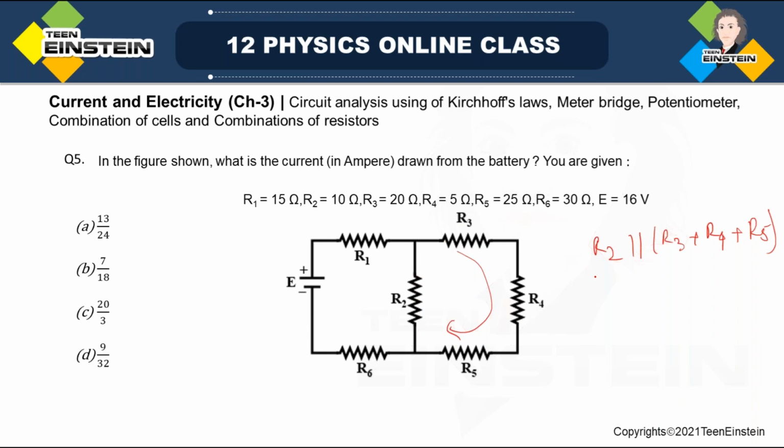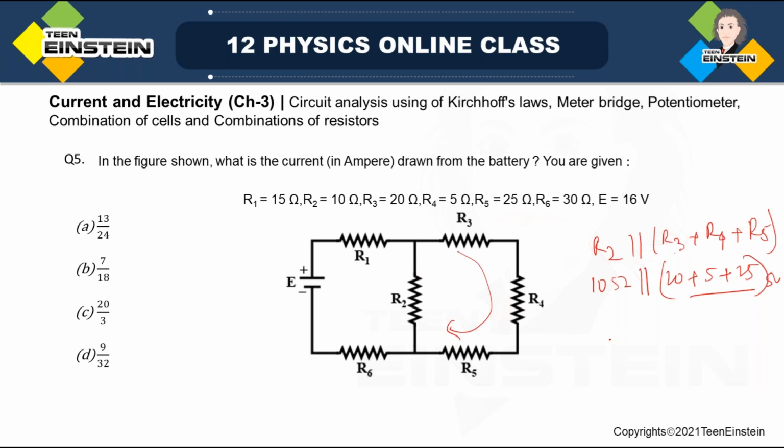So let us find out. R2 is given as 10 ohm. So 10 ohm is parallel to, see, R3 is 20, plus R4 is 5, and R5 is again 25. So this combination is actually 50. Okay, so you have a parallel combination of 50 and 10.